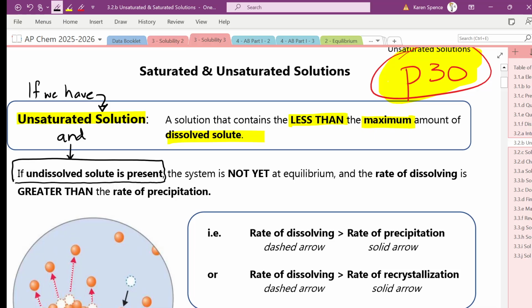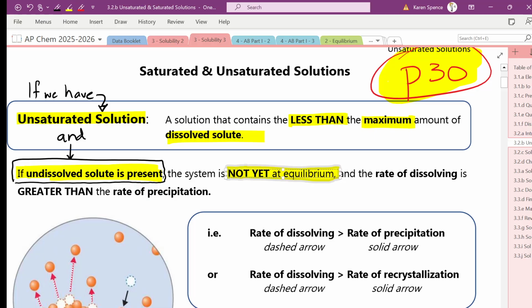No. Because in order to be at equilibrium, we need to have what kind of a solution? Saturated. Okay. If you have an unsaturated solution and undissolved solute present, we are not yet at equilibrium.